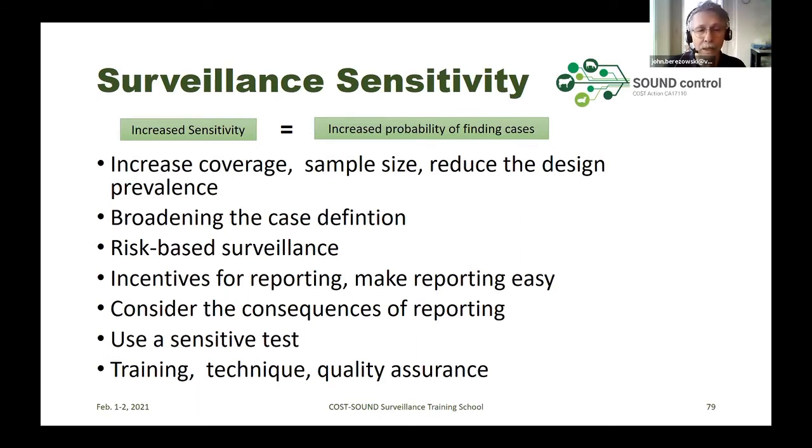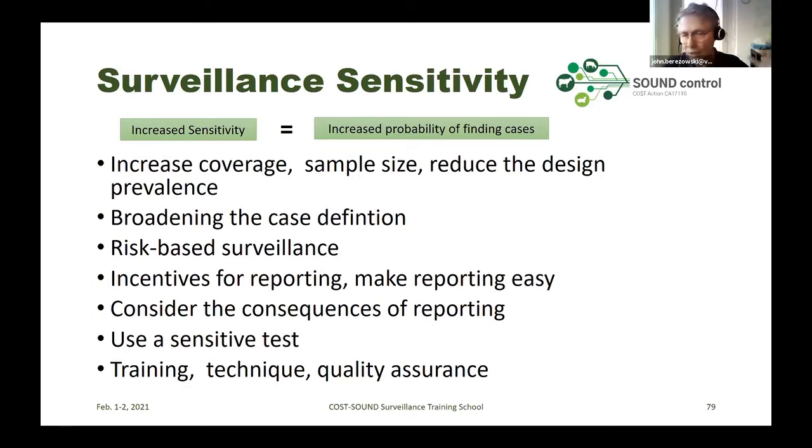You can broaden the case definition. You can do things like risk-based surveillance, so target more resources in that strata where you're most likely to find the disease. So if it's only a disease of females, only do surveillance of females. For passive systems, provide incentives for reporting, and make reporting easy for people so that it's not difficult.